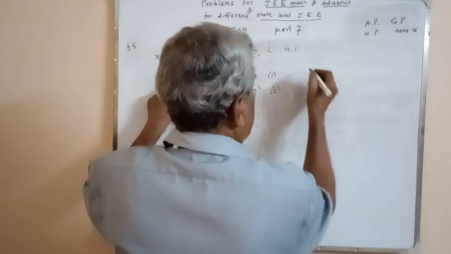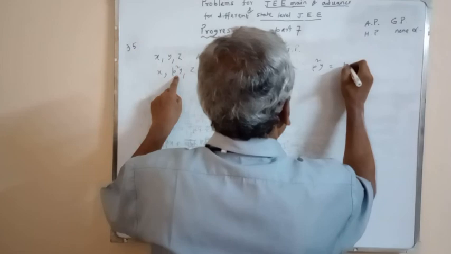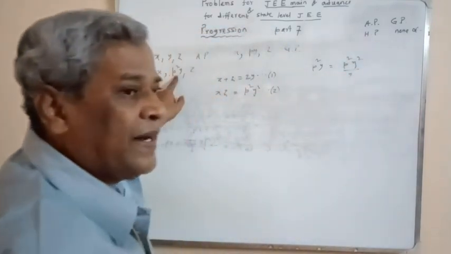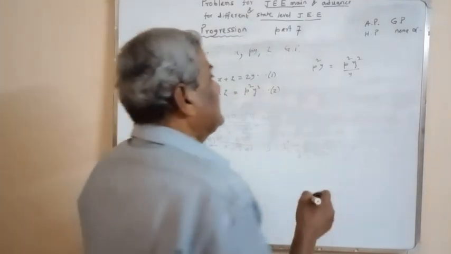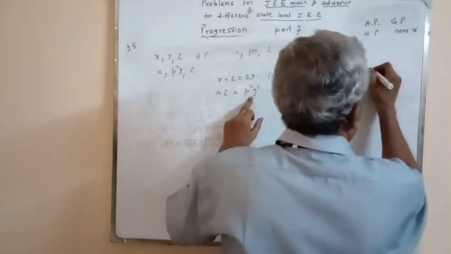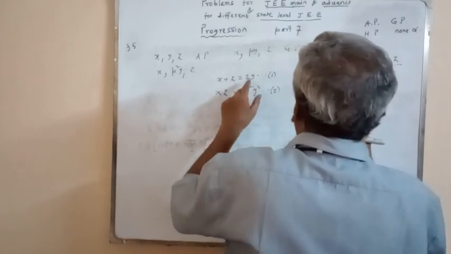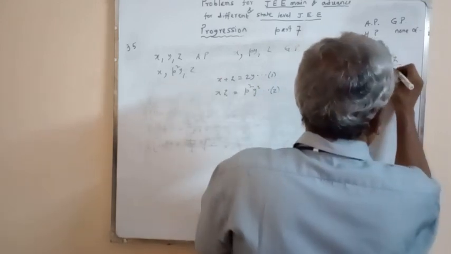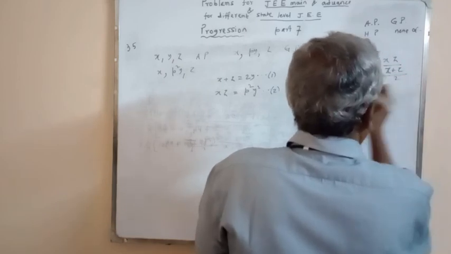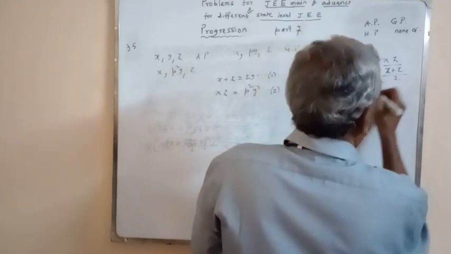Its middle term is p square y, which is equal to p square y square by y. I divide numerator and denominator by y. Because p square y square is xz, so it is xz by y. Y is equal to x plus z by 2, so it is equal to 2xz by x plus z.